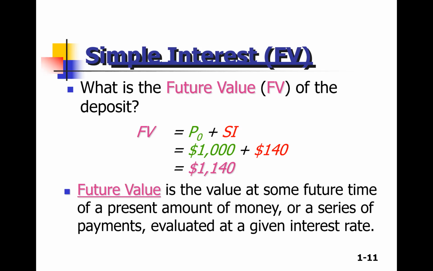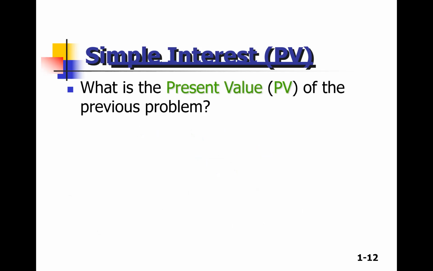So the future value is the value at some future time period of some amount that we have today in our hand, and we have invested in some opportunity, and that opportunity is providing an interest rate. Now, present value.